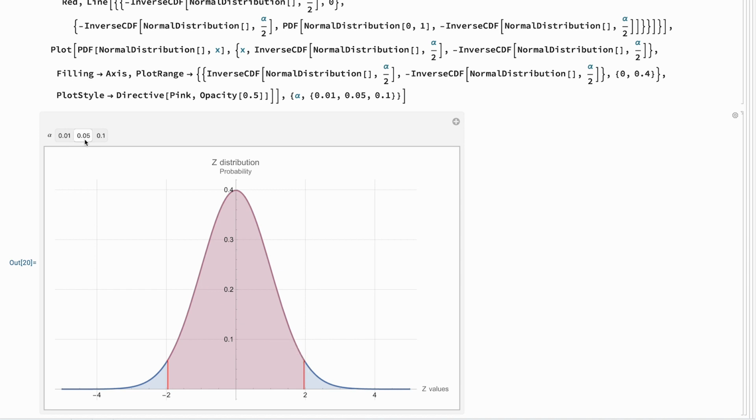So if I want a 5% level of significance, an alpha value, that would be negative 1.96 on this side, positive 1.96 on this side for a two-sided alternative hypothesis. And that means this little blue area under the curve on the lower tail and this little blue area under the curve on the upper tail, they are 2.5% and 2.5% of the area under the curve respectively. I add them, I get 5%.